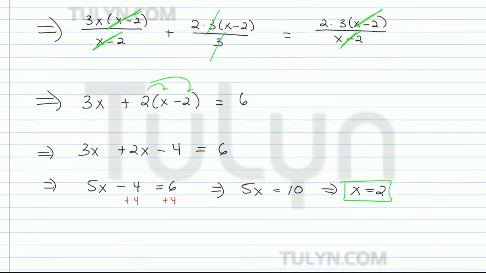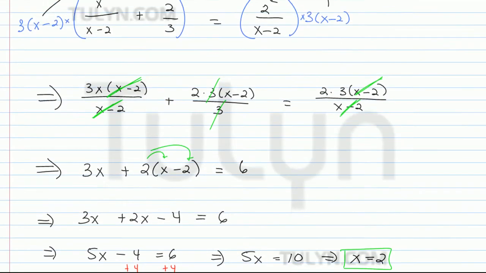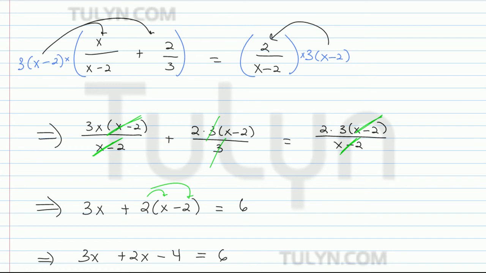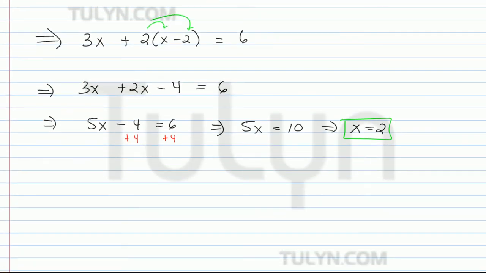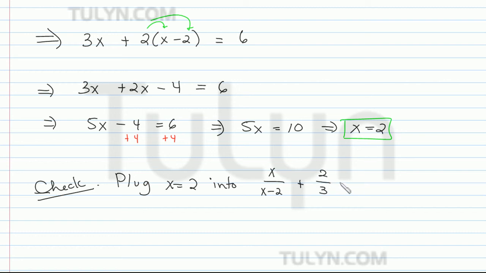And now, in order to check whether our solution actually works, we should plug it into the original equation. So what was the original equation? Let's rewrite it down here. So to check, we want to plug x equals 2 into the original equation, which was x over x minus 2 plus 2/3 is equal to 2 over x minus 2.